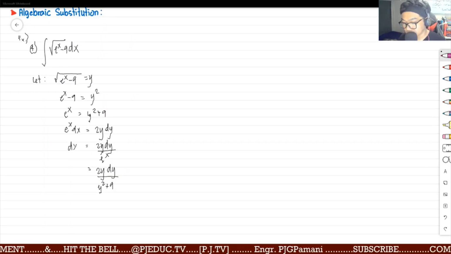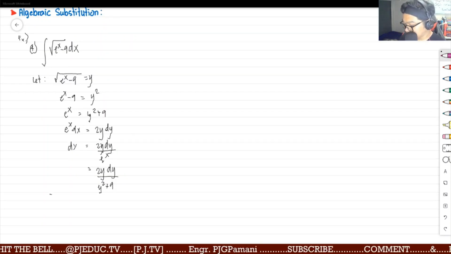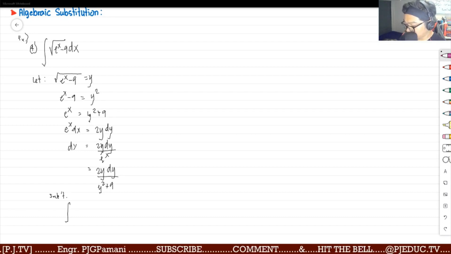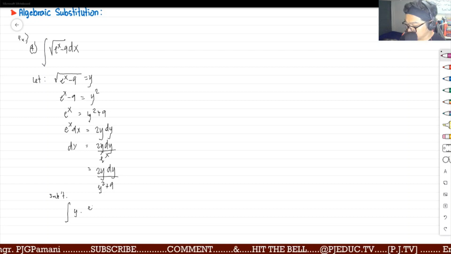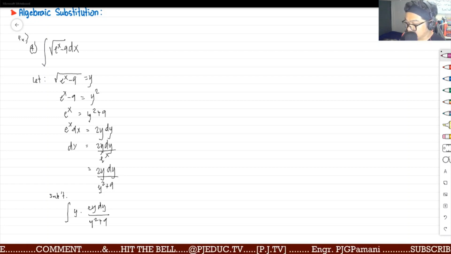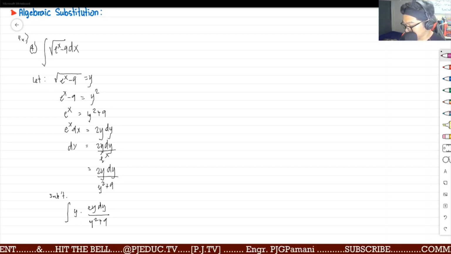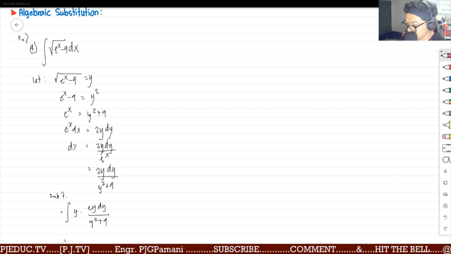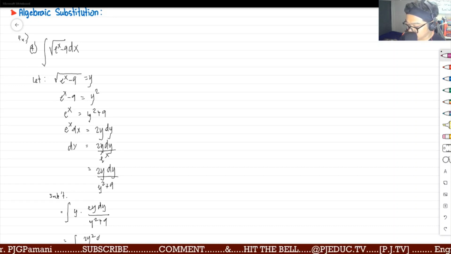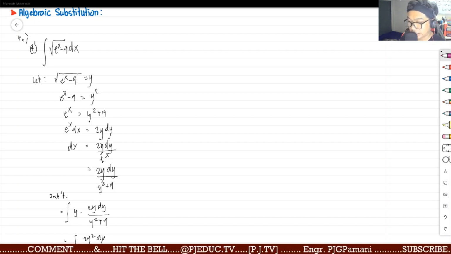So again, by substitution, substitute lang natin sa original term. Integral of y times 2y dy over y squared plus 9. Simplify lang natin yung ating problem. That is now 2y squared dy over y squared plus 9.